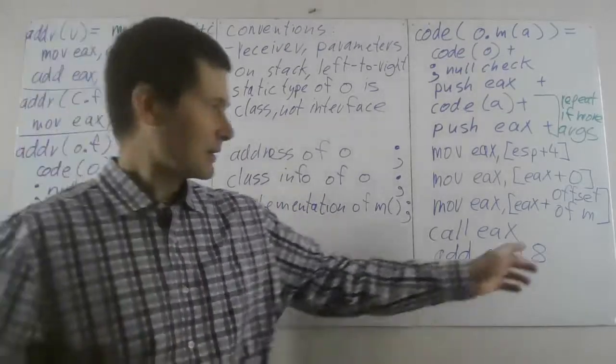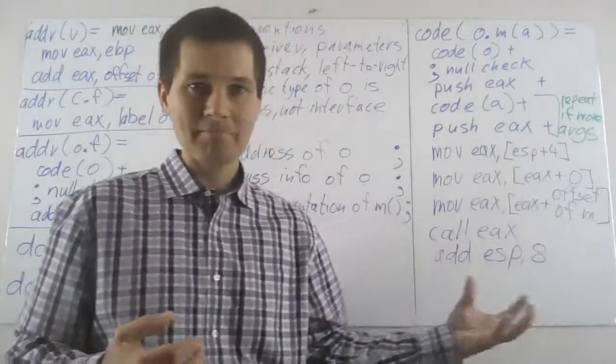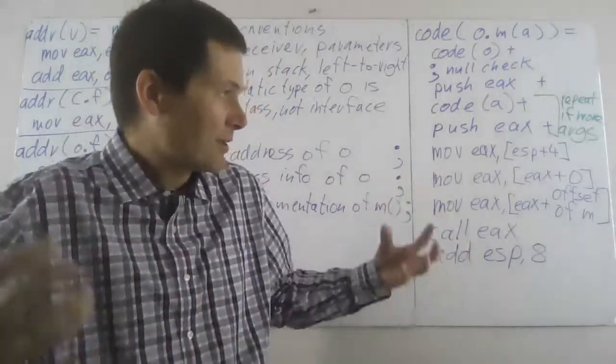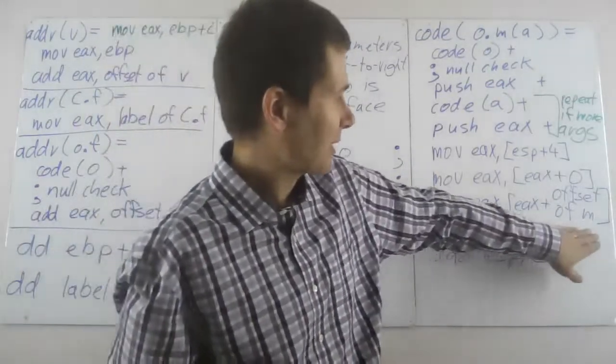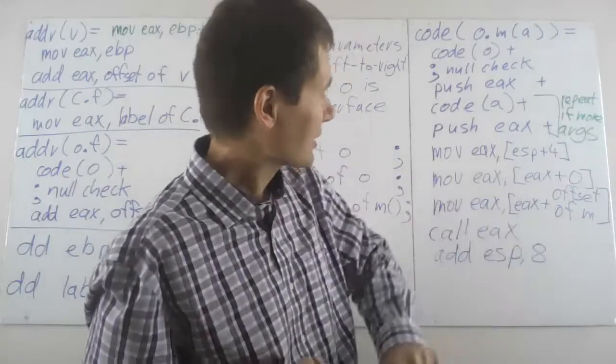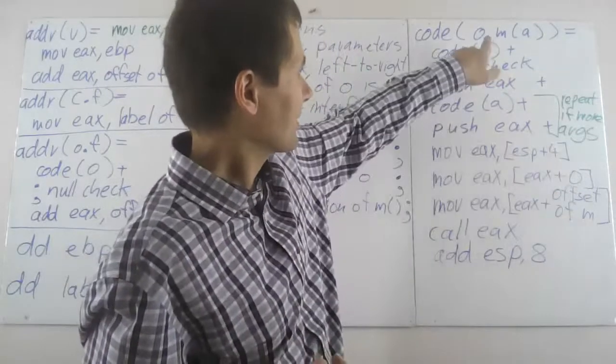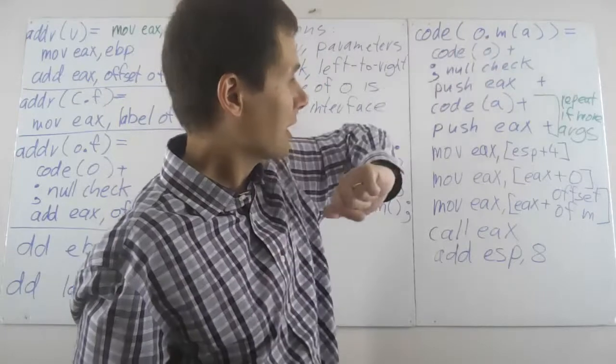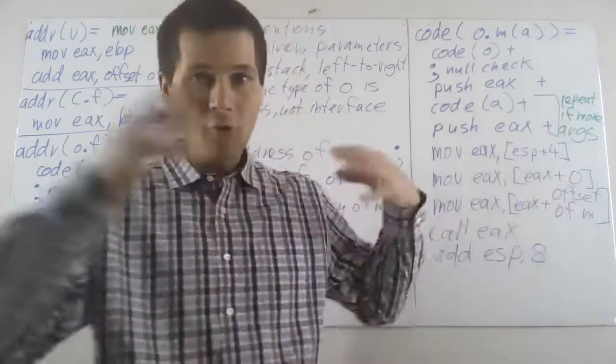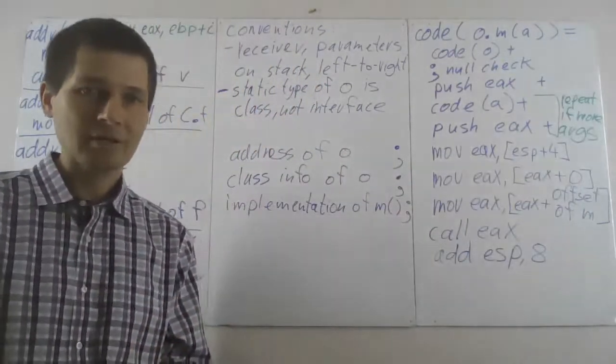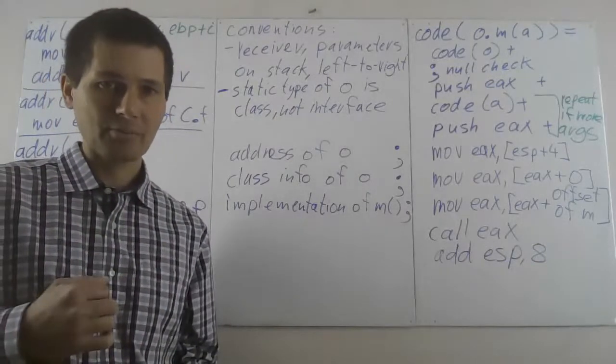And then the offset would be a different kind of offset, rather than being the offset of that particular method within the static class of O. It would be the global offset of that selector in the selector index table.